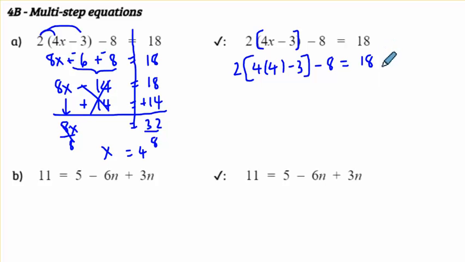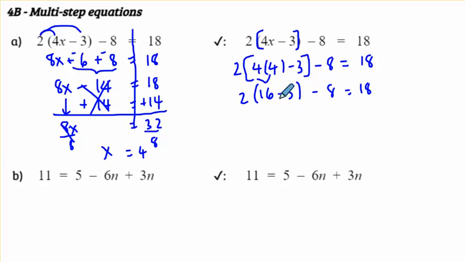Okay, order of operations says that I do whatever's inside the parentheses or brackets first. Inside these brackets, I've got multiplication and subtraction. Multiplication comes first. So I will have 16 minus 3. And at this point, I can write them in parentheses because I've gotten rid of this set of parentheses. So now this is what I have.